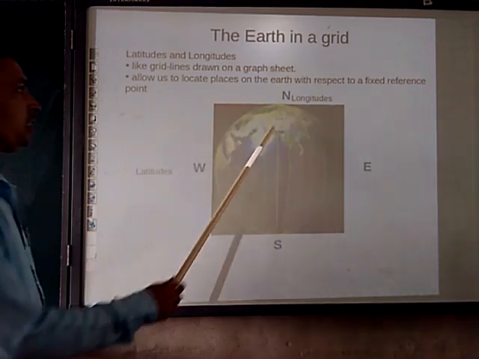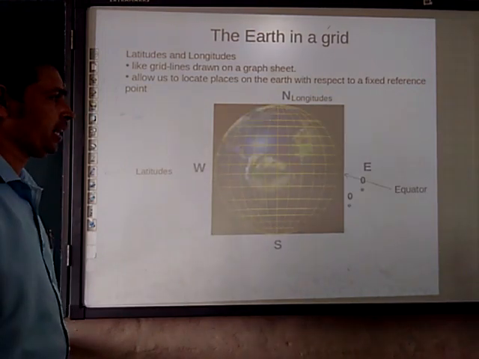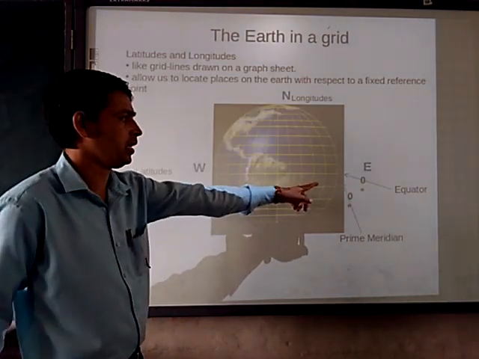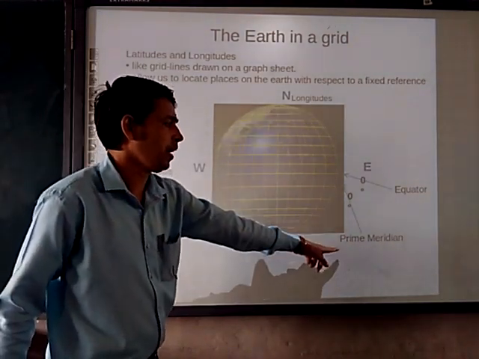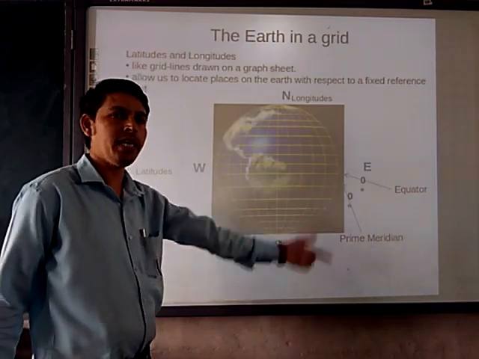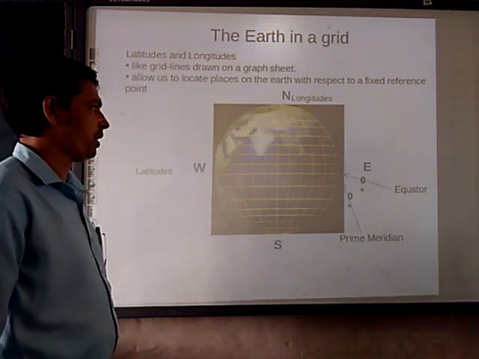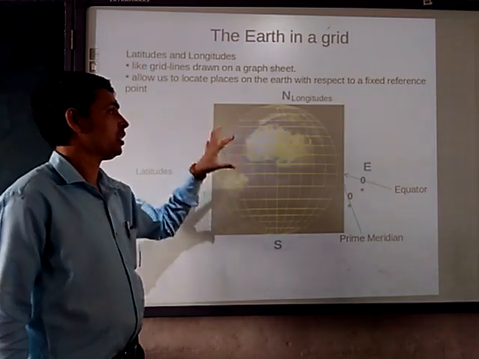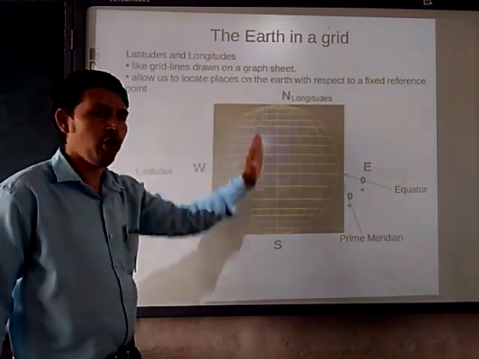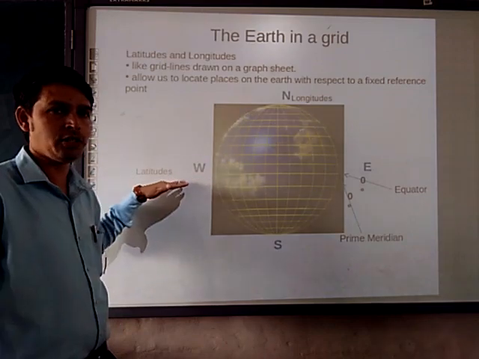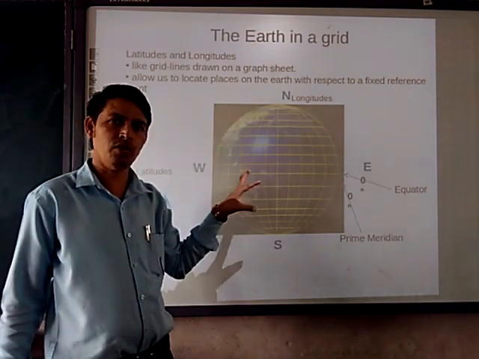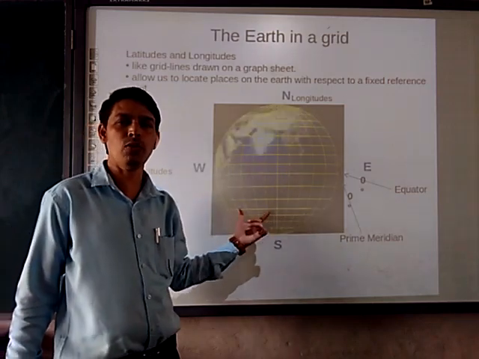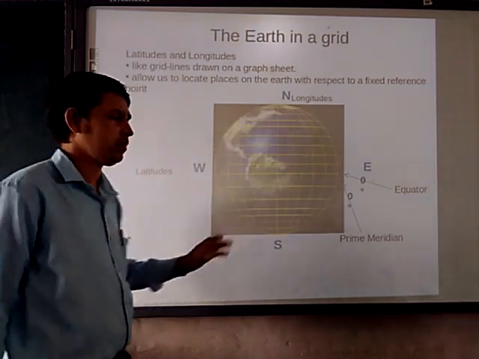After that, the longitudes and latitudes, and the final 0 degree is the equator, and another one is the prime meridian, which we are going to see in the upcoming presentation. So here the whole grid is here. This grid is speaking about the longitudes and the latitudes, the whole web. Okay, and with that particular help we are easily able to locate any place.